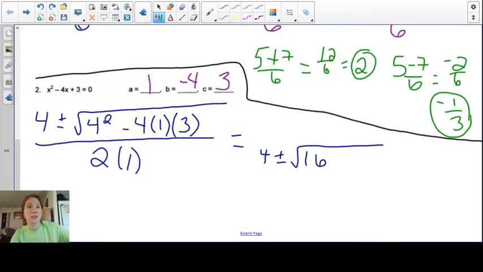In my calculator, I'm going to hit negative 4 times 1 times 3. Okay. So negative 12. So I'm going to have 16 minus 12, divided by 2, because 2 times 1 is 2.